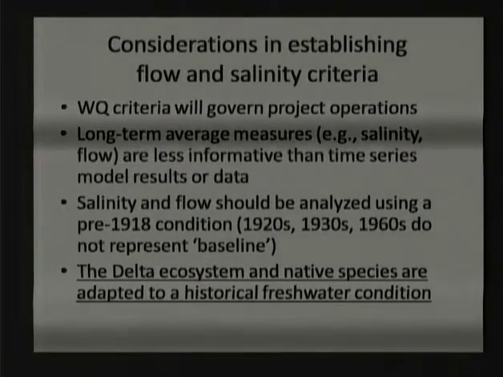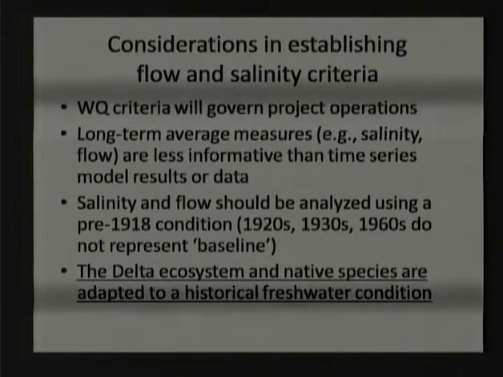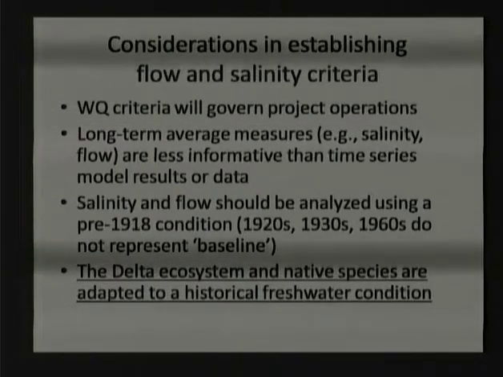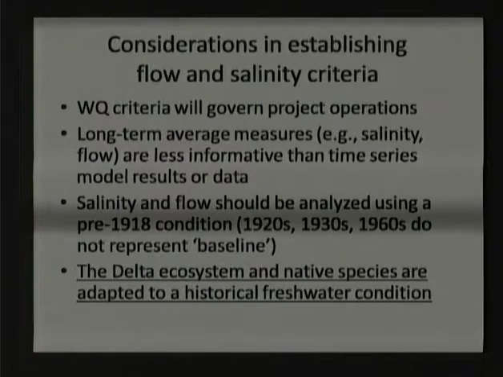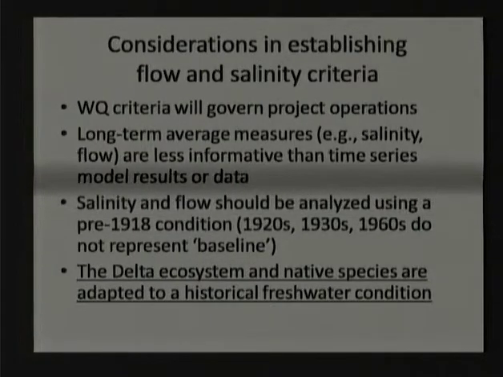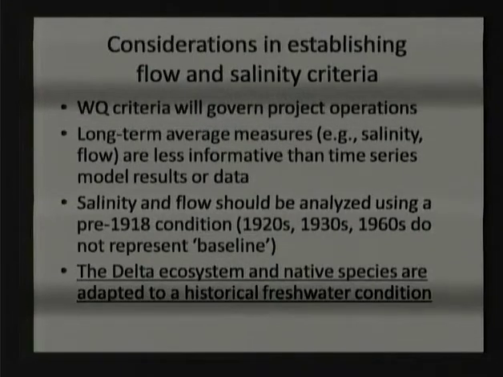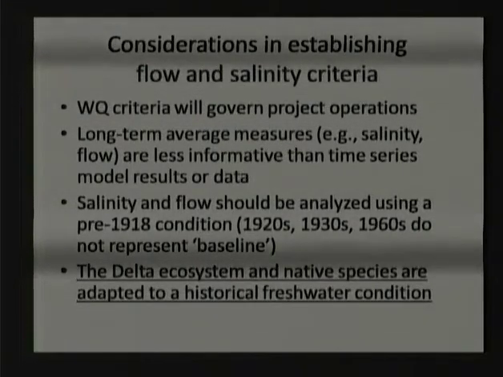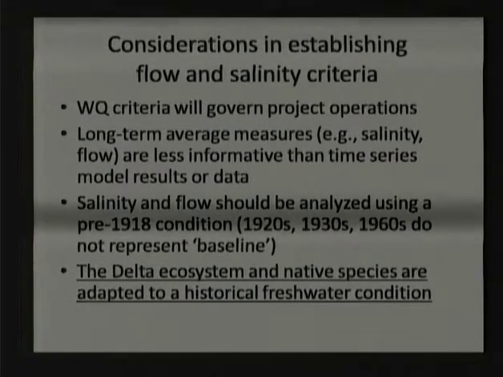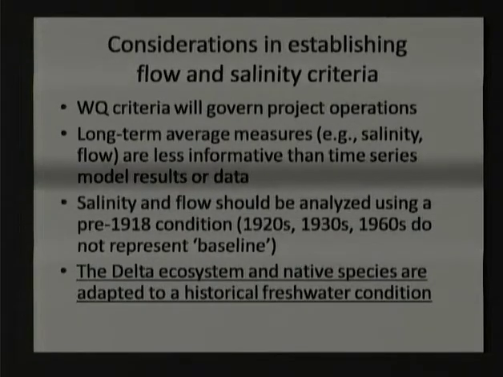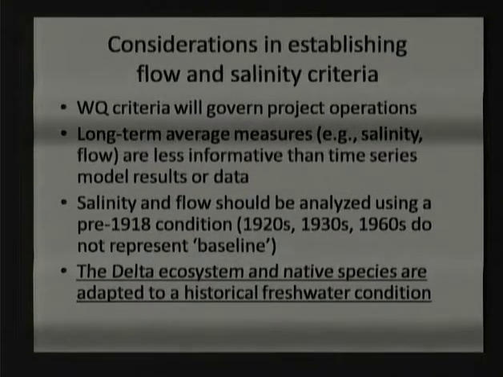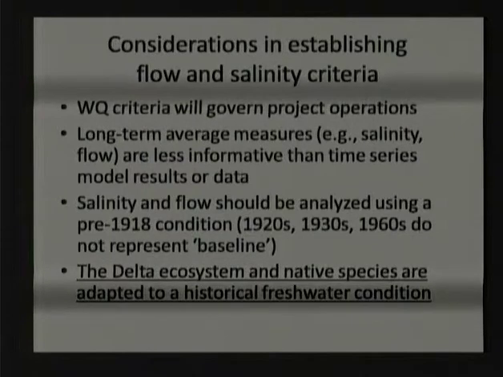What we concluded from viewing the BDCP model results was that the water quality criteria really do govern project operations and determine what salinity in the Western Delta will look like. It's also very important to look at time series data, to look at specific time periods and conditions during, for example, fall and winter months of dry years, as opposed to long-term average measures.